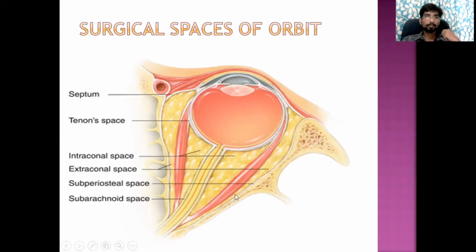Next is the peripheral orbital space. Between the periosteum and extraocular muscle is the peripheral orbital space. This is the peripheral orbital space. Next is the intraconal central space, between the extraocular muscles, and the medial boundary is the optic nerve. This is the central space.